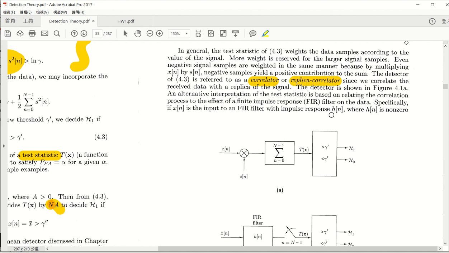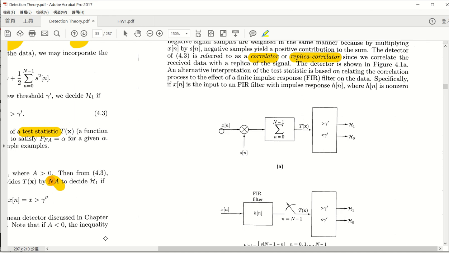Let's put it aside for a second and use the concept of the correlator. We have x coming in, and we have s coming in, and you multiply both of them, put the result into a summation, and you get T. Then you compare with gamma prime.